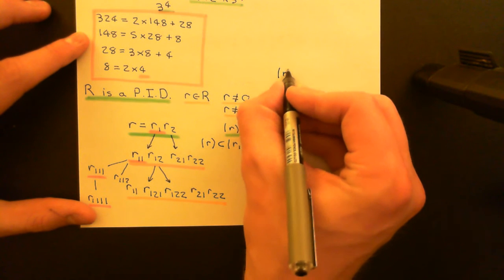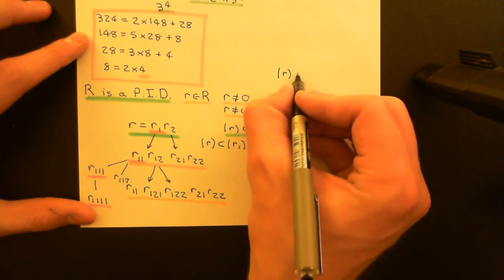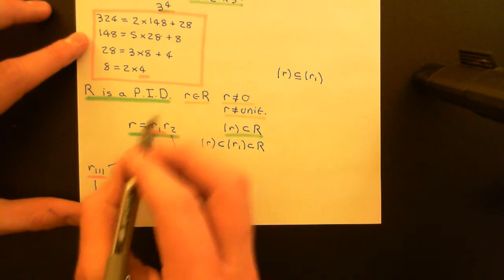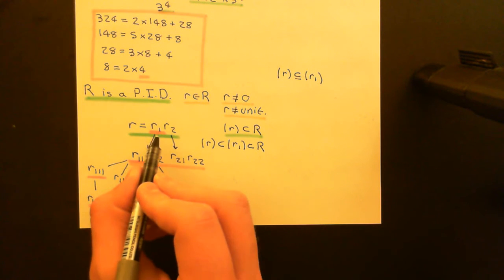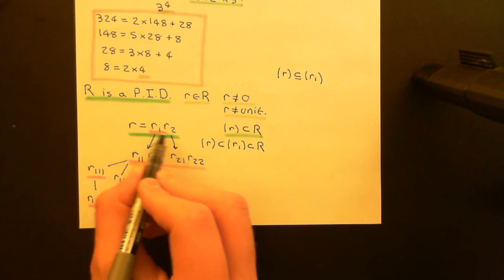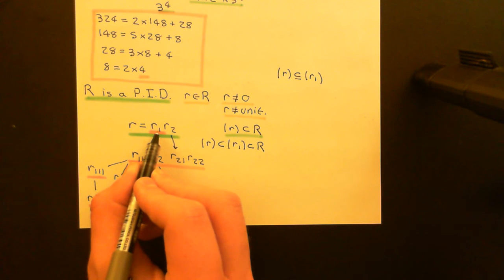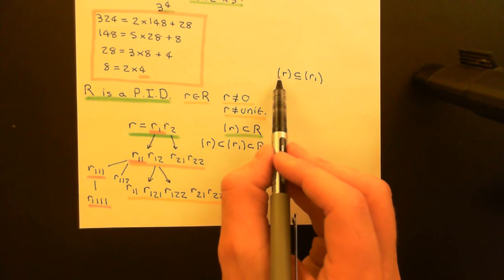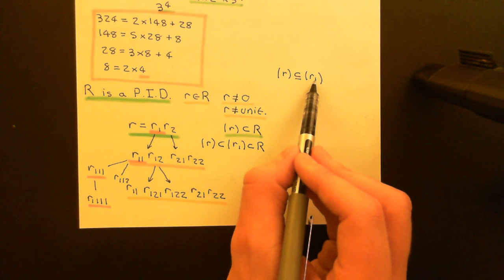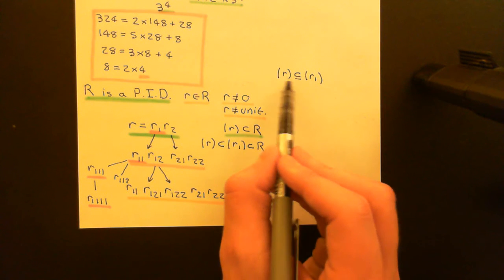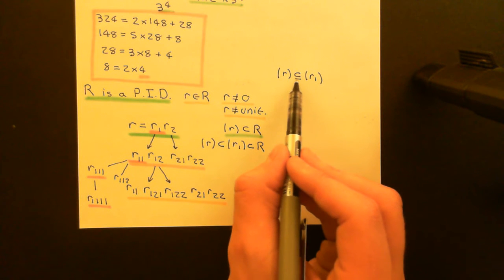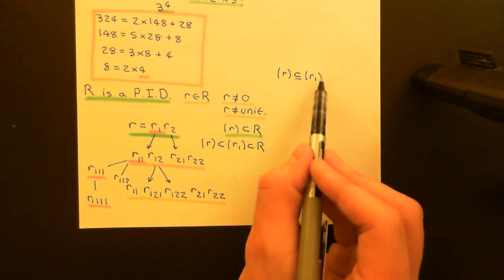So if you generate the principal ideal generated by R, it's going to have to be completely contained within the principal ideal generated by R1, because from this line here we can see that R is in the principal ideal generated by R1 because it's R1 times R2 here. Okay, and as soon as one thing is in an ideal, its entire principal ideal has to be in that ideal, so we can therefore say that the principal ideal generated by R has to be contained within the principal ideal generated by R1.